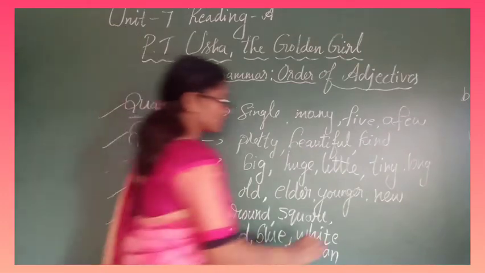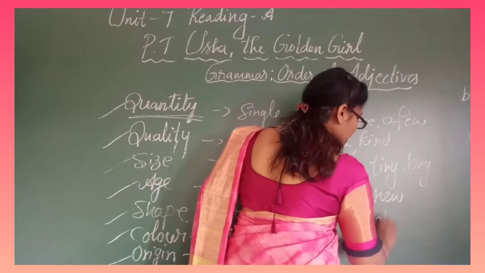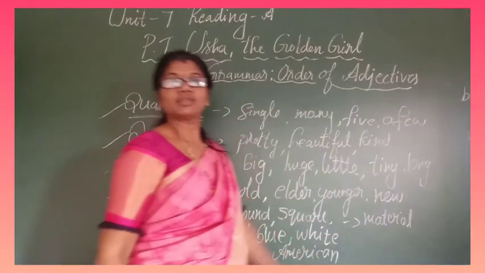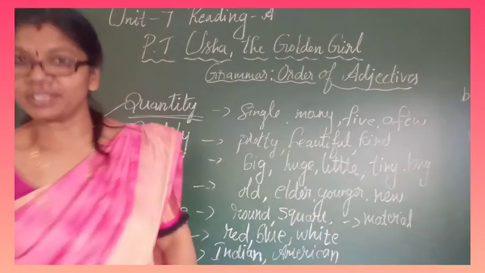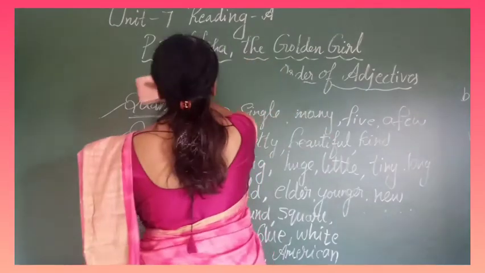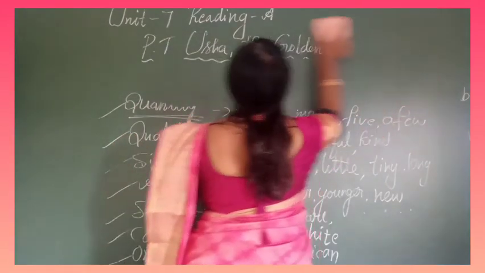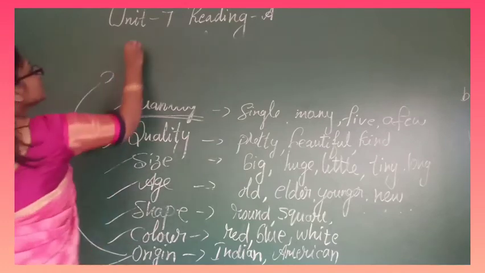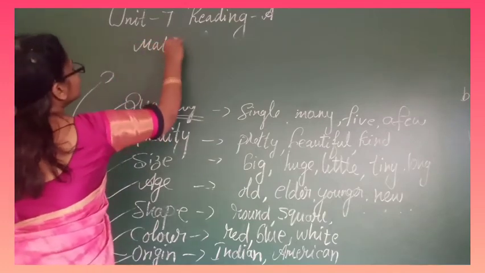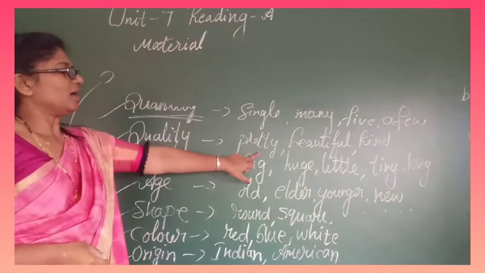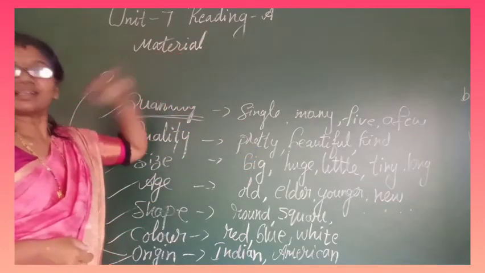Now material. Okay, after origin comes material. Material means wooden, silk saree. I bought three beautiful silk sarees.